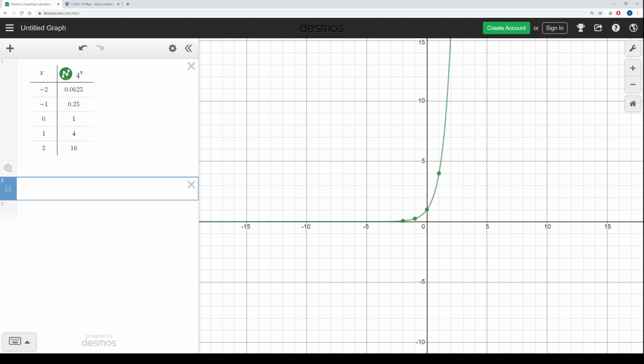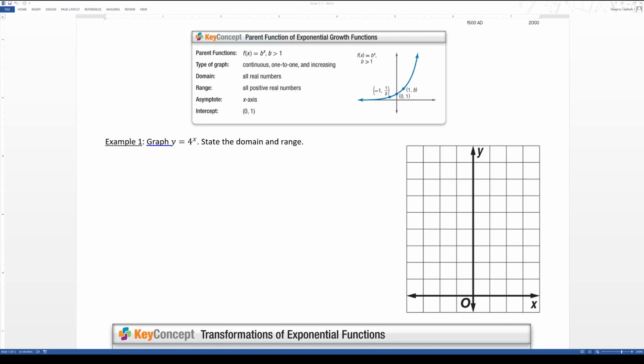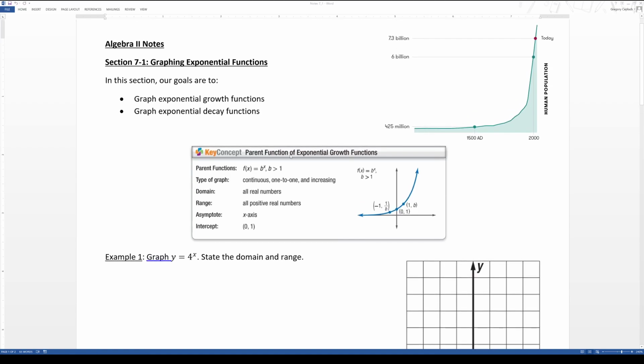Now, our notes can help us here. They explain the exponential function here. This is the parent function, f of x equals b to the x, where b is what we call a base, B-A-S-E. This is the base of the function raised to the x power. So in the example we're looking at, the base is 4.